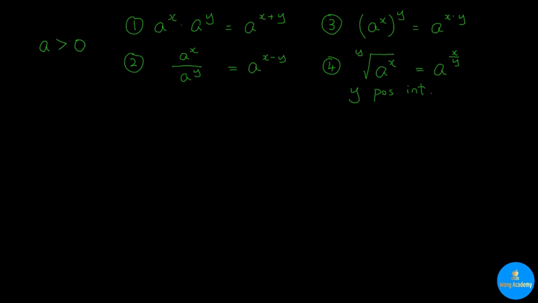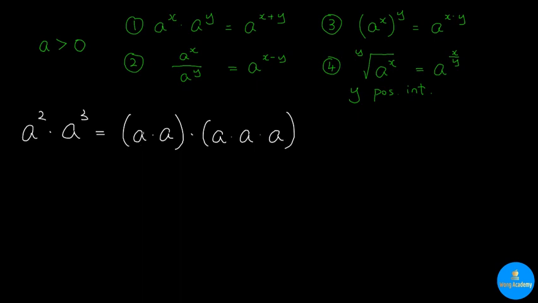Now that we have seen all four exponent laws, let's take a look at why they work. For example, a squared times a cubed can be rewritten as a times a multiplied to a times a times a.